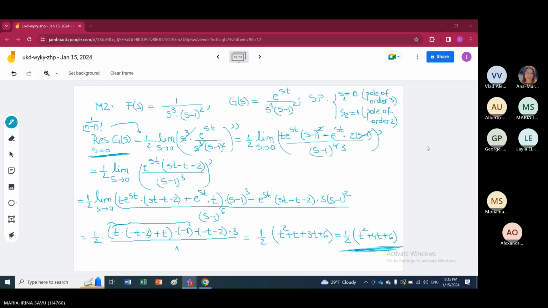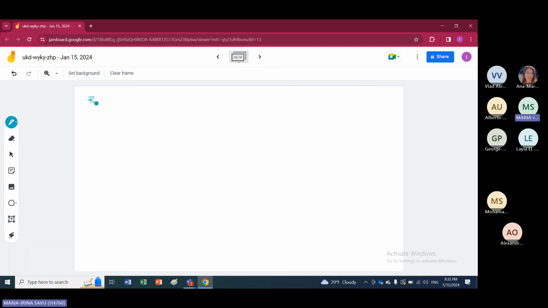And we have to find the residue in s equals 1. Okay, so the residue of g of s at s equals 1 is the limit as s goes to 1 of (s minus 1) squared times this one, and you take the derivative.